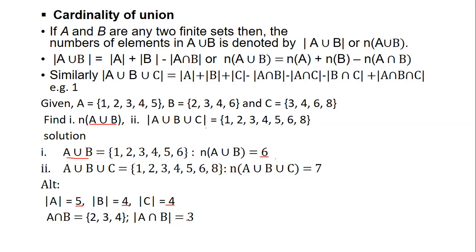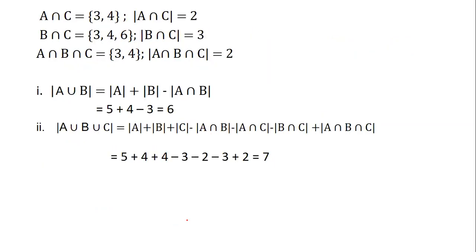So now we use the formula to find N of A union B. N of A union B becomes N of A plus N of B minus N of A intersection B, or the cardinality of A plus that of B minus that of A intersection B. We know the cardinality of A is 5, that of B is 4, minus that of both A and B, which is 3.